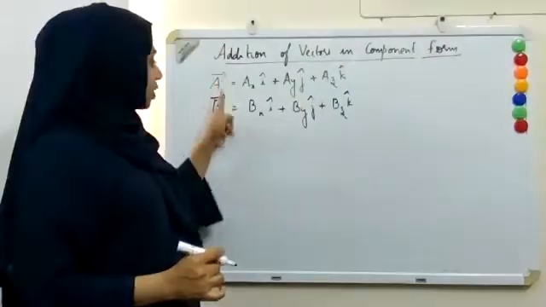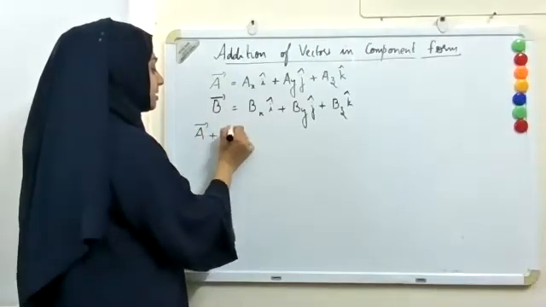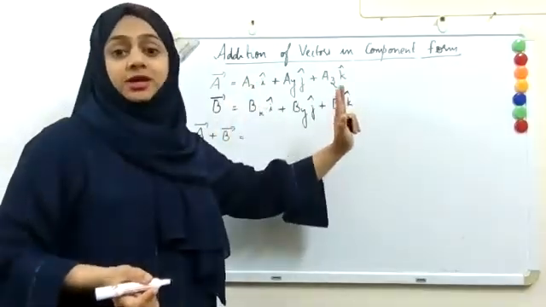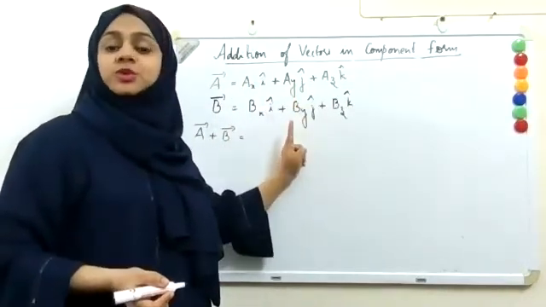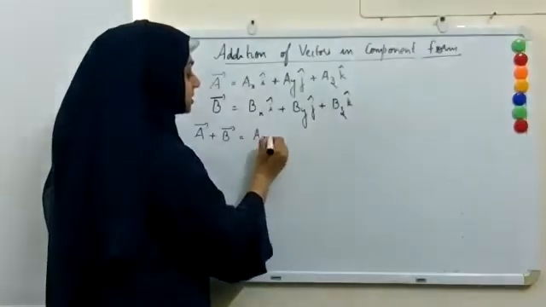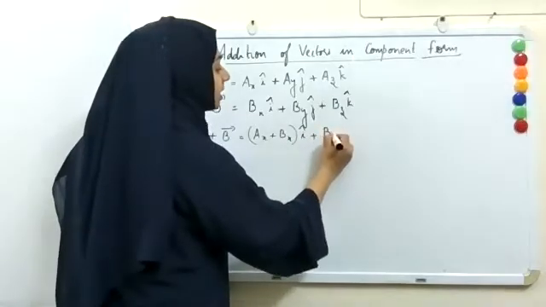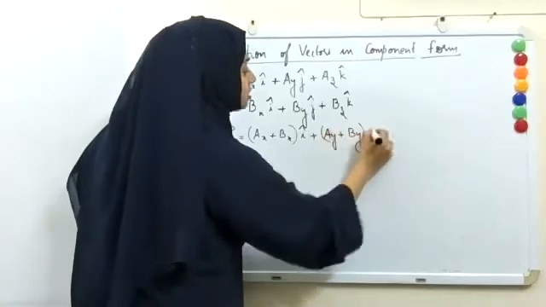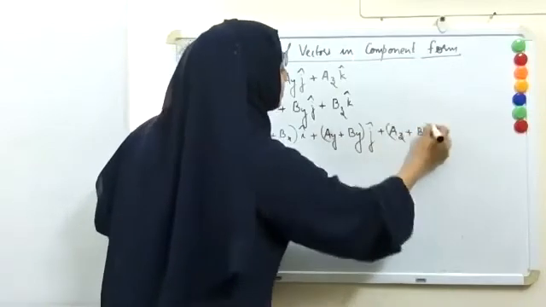Now, if we just want to add these two vectors, a plus b, you just have to add these components along the x, y, and z direction. So you can represent it as (ax plus bx) along i direction plus (ay plus by) along j direction plus (az plus bz) along k direction.